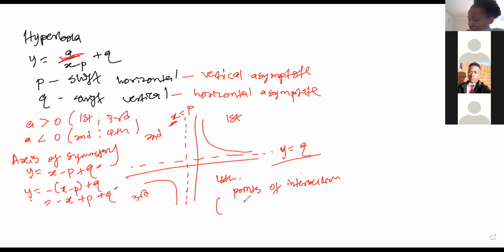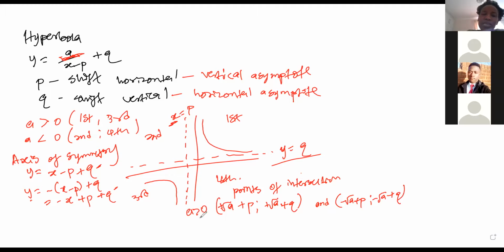If a is greater than 0, the points of intersection are: positive square root of a plus p, positive square root of a plus q; and the other pair is negative square root of a plus p, negative square root of a plus q. That's if a is positive.